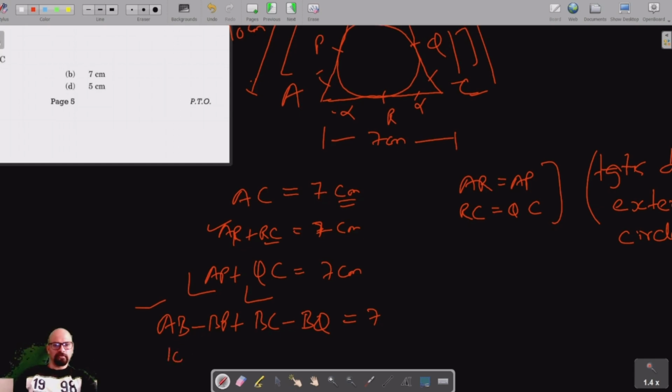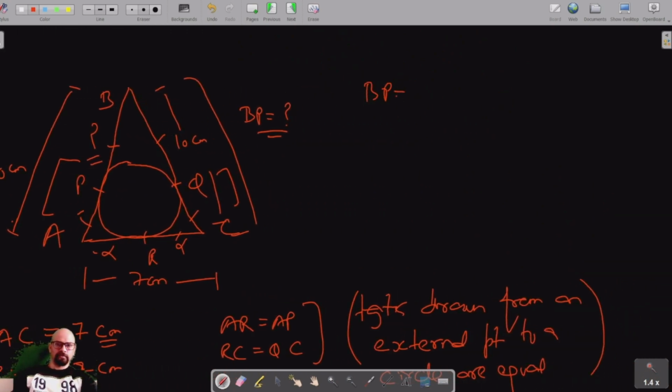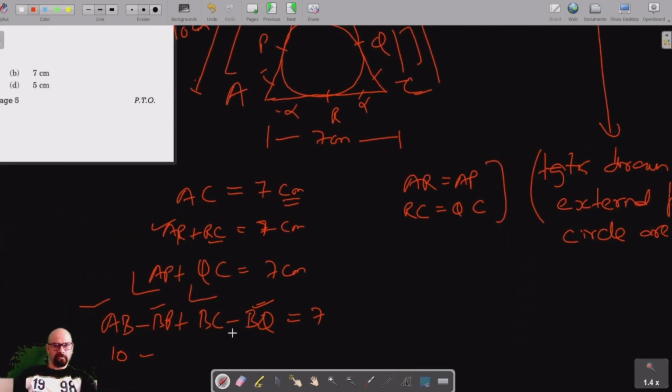Now AB is 10. BP and BQ are equal, so BP is equal to BQ, the reason being tangents drawn from an external point to a circle are equal. So instead of BQ, I can write BP, and BC is 10, so 10 minus BP plus 10 minus BP is equal to 7.